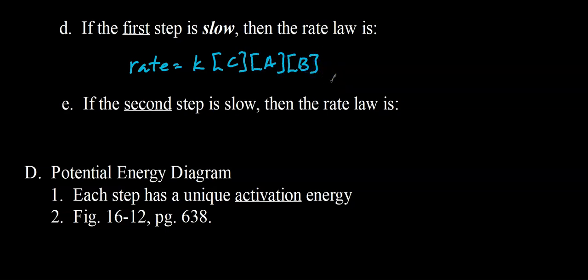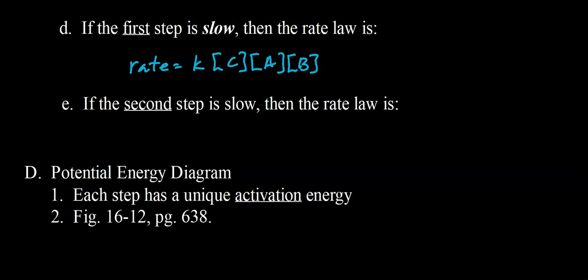So as the number of particles of C, A, and B increase, let's say, so increasing their concentration, that's going to cause the rate to increase. There's going to be more collisions between C, A, and B if you increase the concentration of one or all three of those. Gets a little more complicated if, like in this case, the second step, let's say, is the rate determining step.